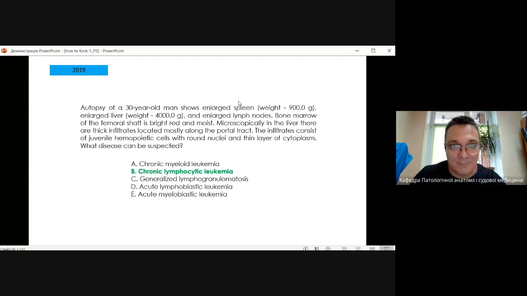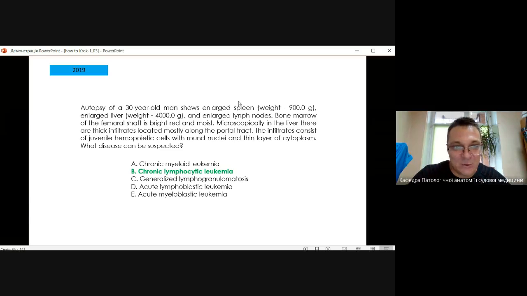Chronic lymphocytic leukemia. By the way, this question was like the pitfall. When you have trained the MCQ trainer, a lot of persons have mistake exactly at this question. I don't know what exactly was very hard to you, because you see, we have to deal with a 30-year-old man, right? We have to deal with the enlargement of the liver and enlargement of the lymph nodes, what is really important.